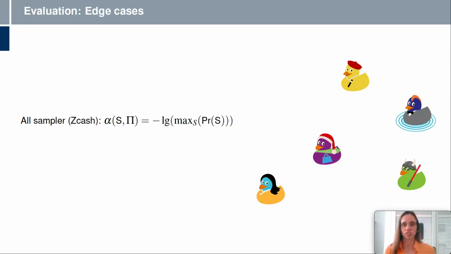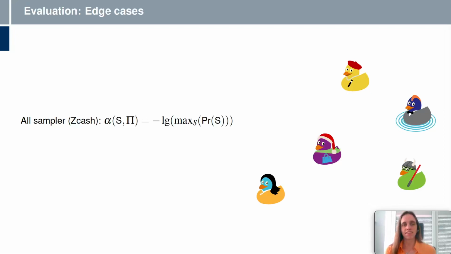Ring signatures normally don't do that because of implementation, but we could assume that it's possible, and then the anonymity of such a ring sampler, which is basically Zcash, is the negative logarithm over the maximum of all probabilities for each signer. And that's here the best we can hope for. I cannot do anything better but just saying, okay, I am the most likely, well then I am the most likely, but I cannot change that.